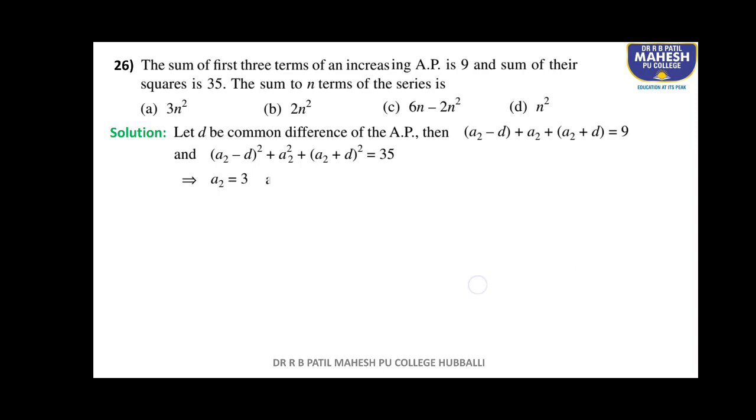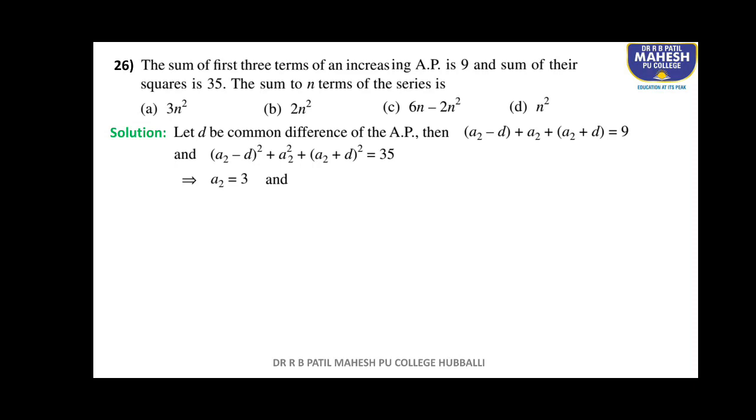By simplifying the second equation, we can apply the formula of (a minus b) whole square, and similarly for (a2 plus d) whole square we can apply the formula (a plus b) whole square. Applying those formulas here, the minus 2a2 d and plus 2a2 d cancel.